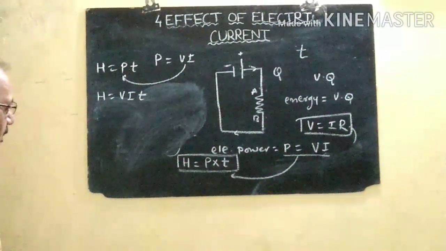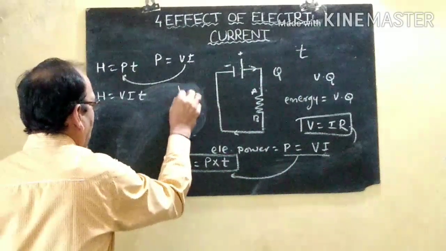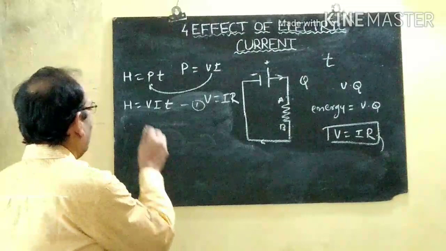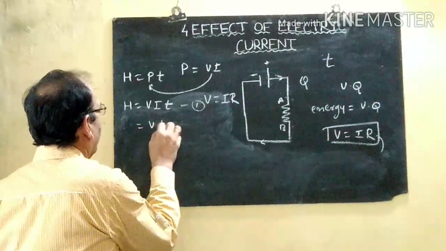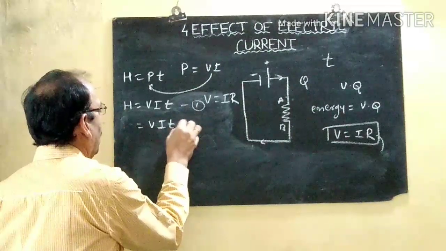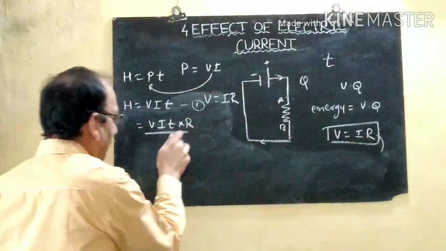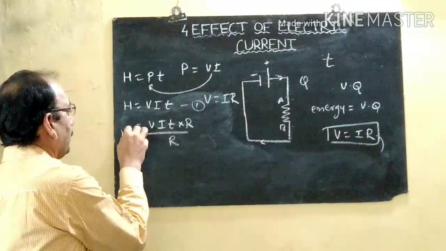By applying Ohm's law here, that is V is equal to IR, we multiply and divide VIT by R. By multiplying and dividing by R, we don't change the value of VIT.